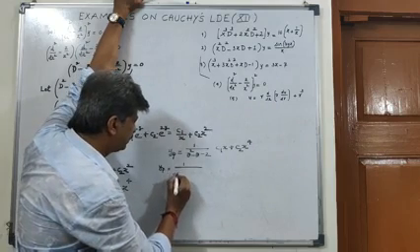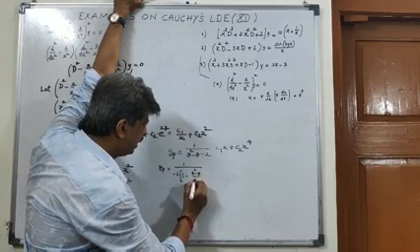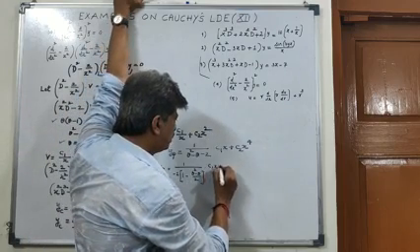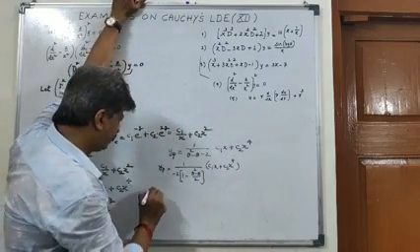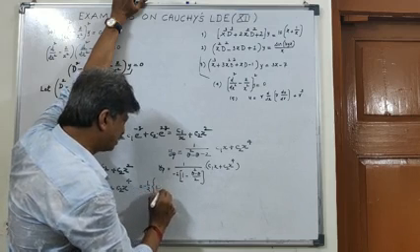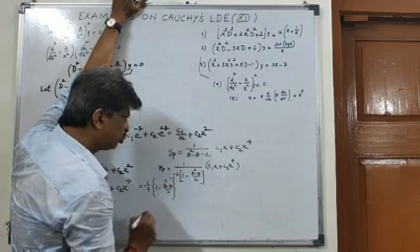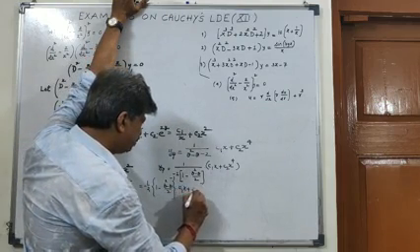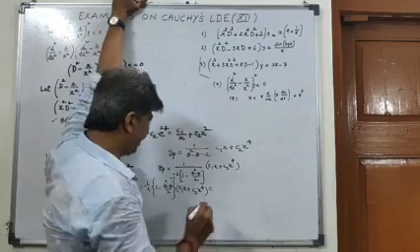Minus 2 times 1 minus theta square minus theta upon 2 into C1x plus C2 x to the power 4. That is further equal to minus 1 by 2 into 1 minus theta square minus 3 theta raised to power minus 1 into C1x plus C2x to the power 4, that is further equal to minus 1 by 2.